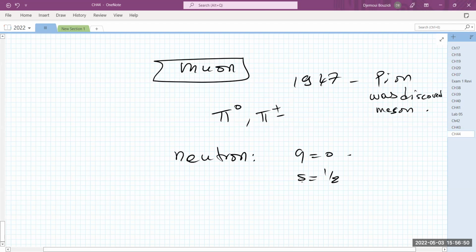How are we going to have a spin which has a magnetic moment that is related to this value? Remember, it's a value times the nuclear magneton. So this is the magnetic moment.